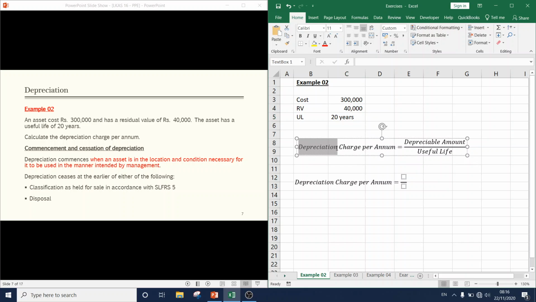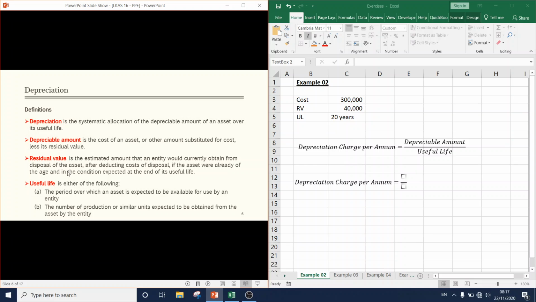You know by now depreciation is a systematic allocation of the depreciable amount over its useful life. So the depreciable amount we need to divide by the useful life. Depreciable amount is the cost of an asset less its residual value. Cost is given as 300,000 minus residual value of 40,000, over its useful life of 20 years.